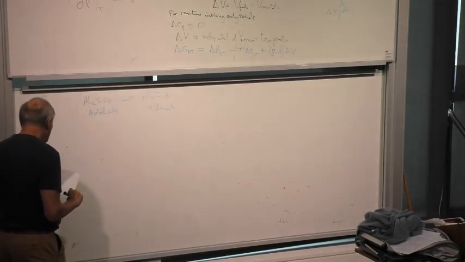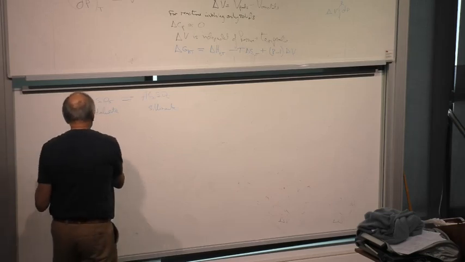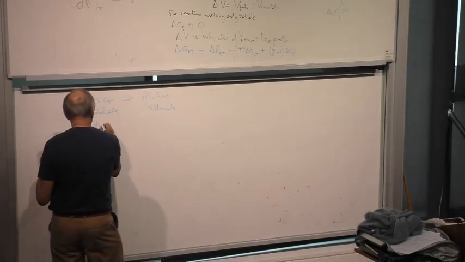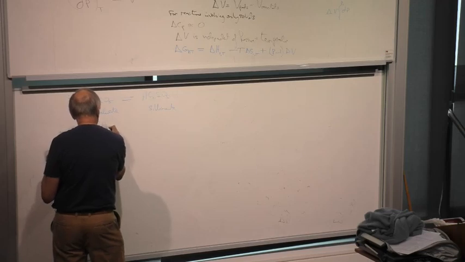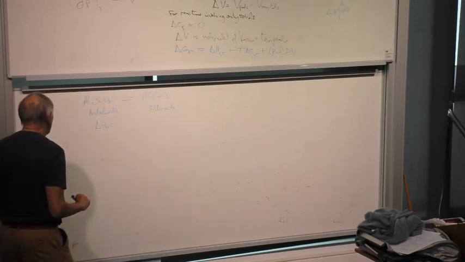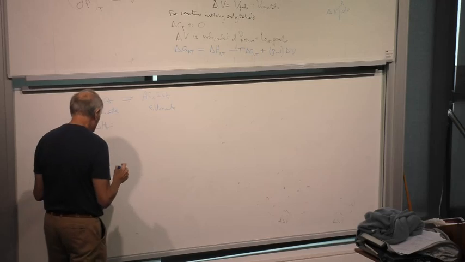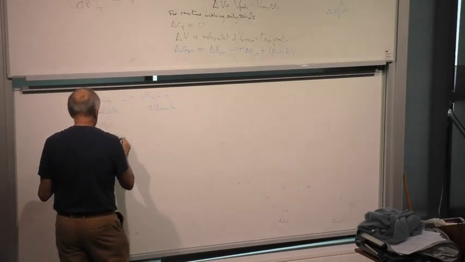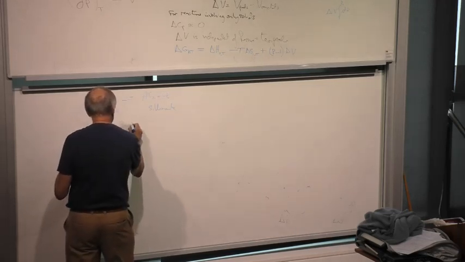And delta H for that reaction at 1 bar, average value at T, is 3054 joules.